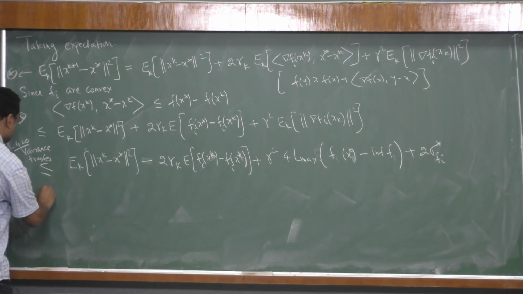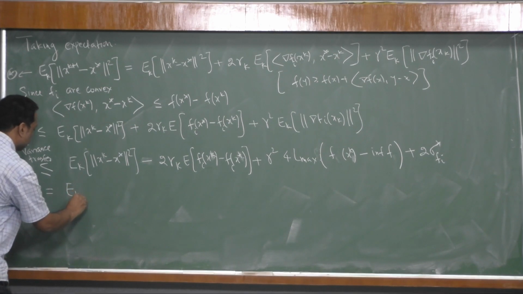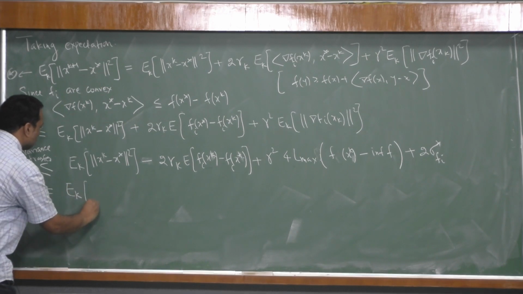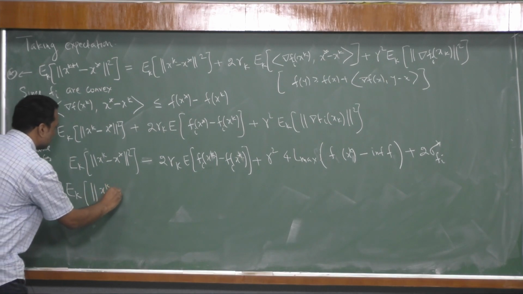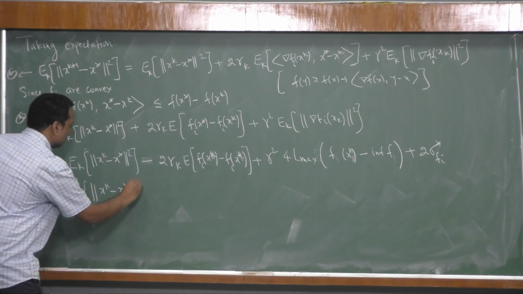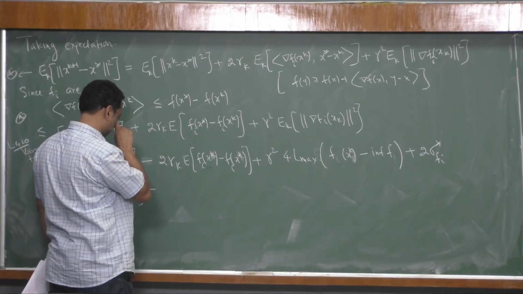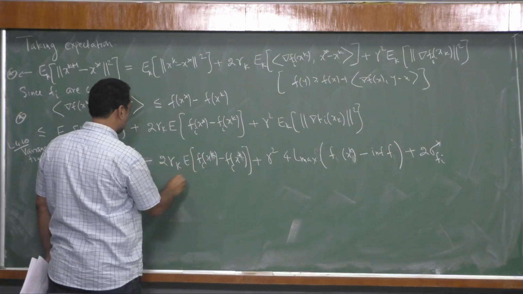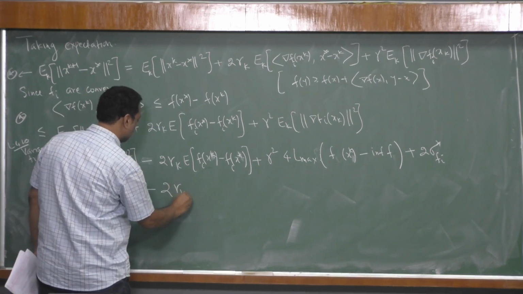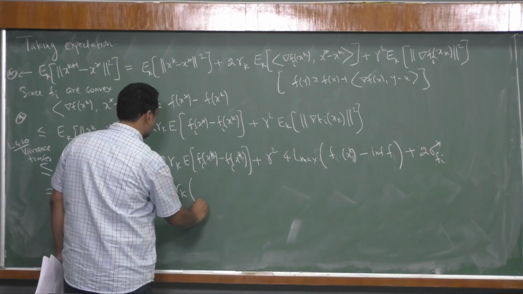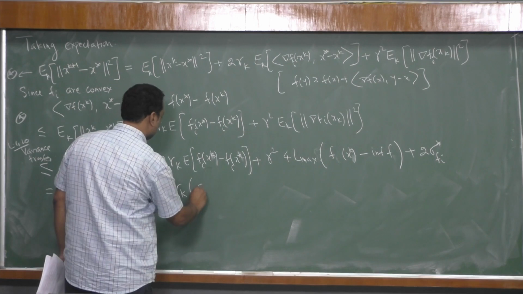So let us do this one step for clarity. Norm of xk minus x star, minus 2 gamma k, and this is f.